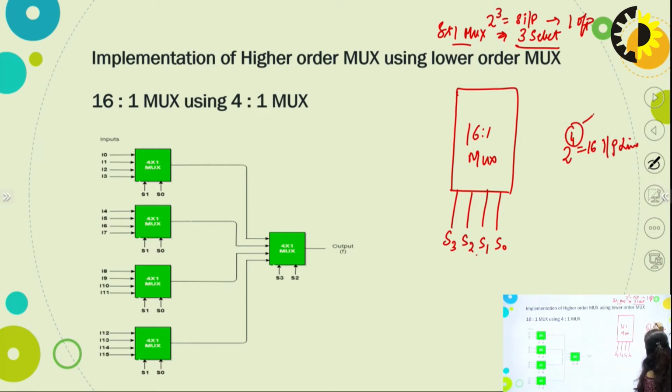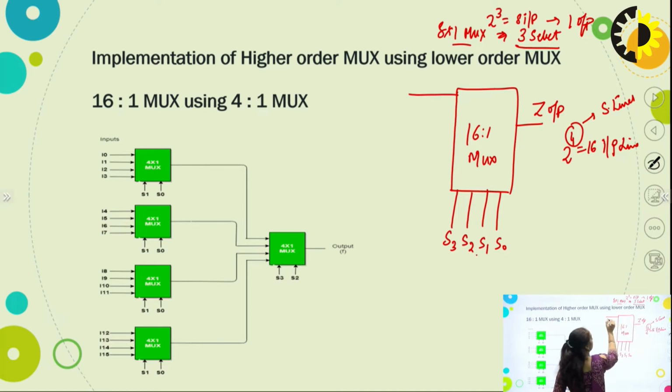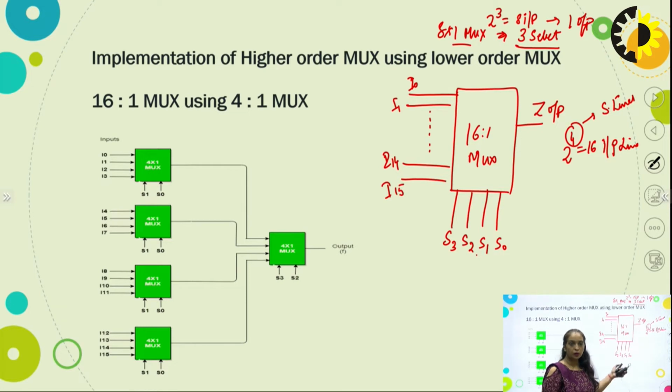And these are my selection lines. A single output line will be there, and here I am going to have 16 input lines, I0, I1 up to I15.